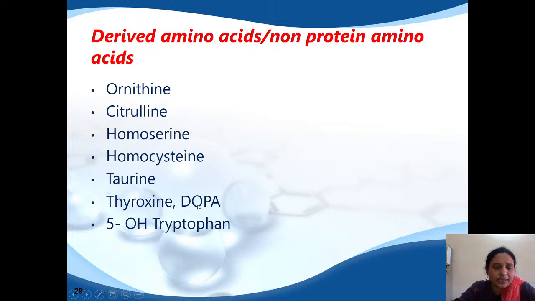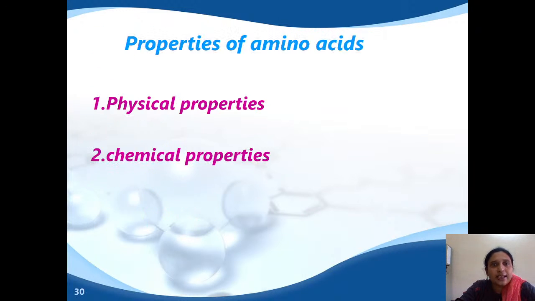All these are neurotransmitters. So that's it about the derived amino acids or non-protein amino acids. Now I think you can differentiate what are standard amino acids, what are modified amino acids, and what are non-protein amino acids. Now coming to the properties of the amino acids.